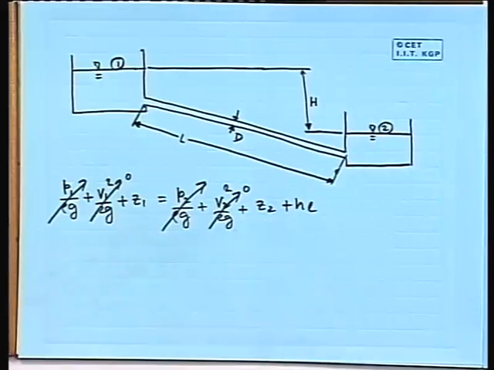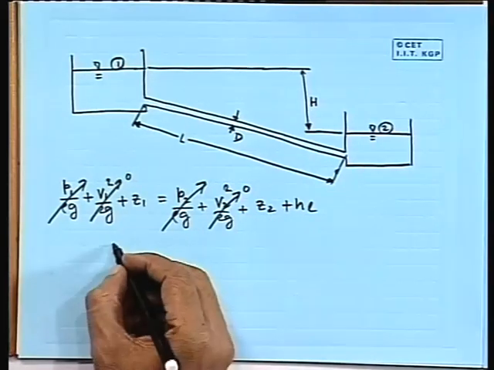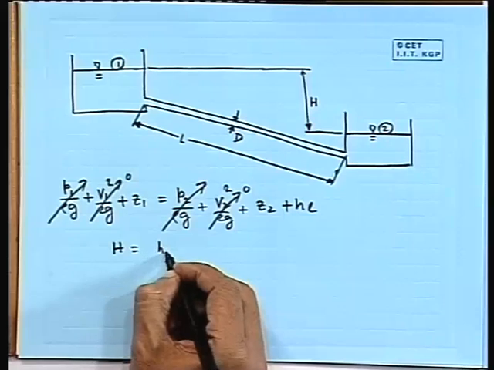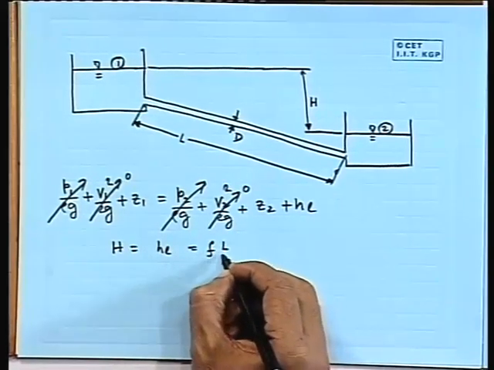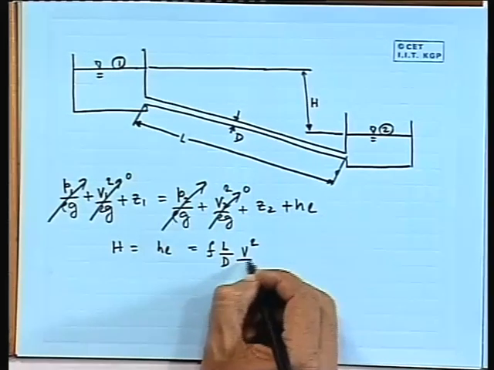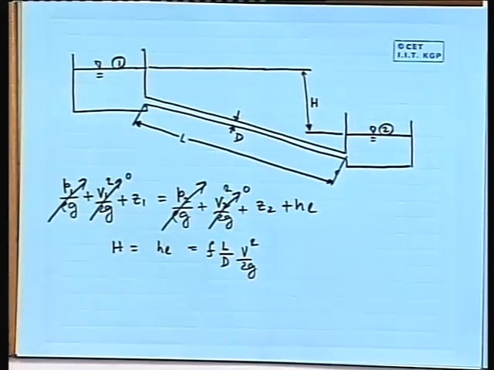So, Z1 minus Z2 is H. H is equal to HL is equal to F L by D V square by 2G. Here again we have got the same problem. That means, first you have to assume the value of V, and then we have to see whether it is matching or not. Okay. So, this is how this problem can be done.